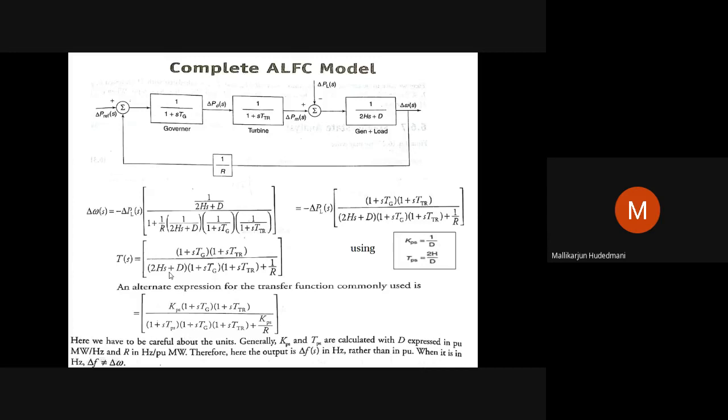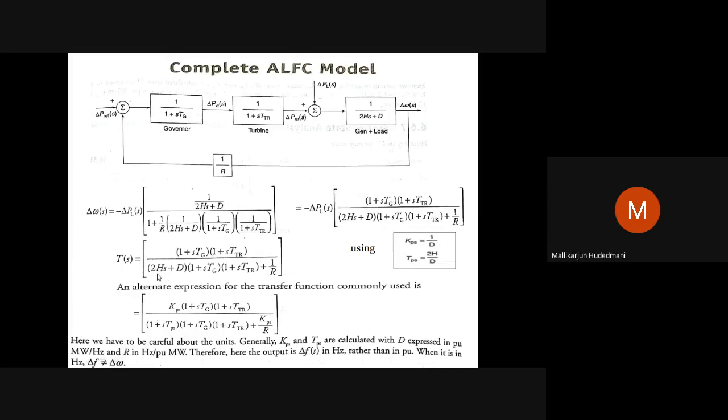Using these substitutions, Kps, the gain of the power system, is 1 by D, and the time constant of the power system, Tps, is 2H by D. By replacing 2H by D as Tps and 1 by D as Kps, I have a simplified version of the representation.